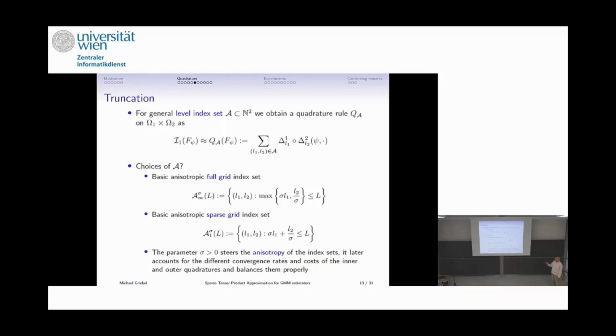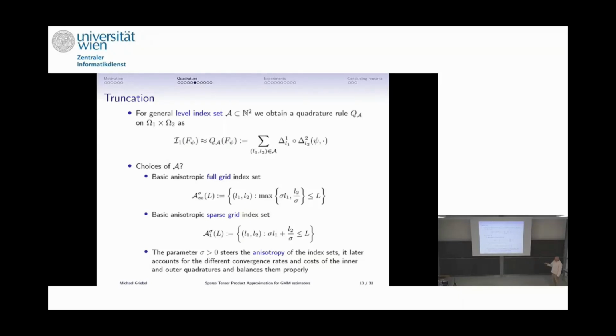But here, additionally, we have a strange parameter showing on this is theta, because we are after anisotropic full grids, not isotropic squared ones. And if the theta is 1, then this is the maximum of L1 and L2. And the sparse grid index sets is just L1 plus L2 instead of the maximum. So this is the maximum norm of the levels, and this is the L1 norm of the levels. And we know that this helps a lot. We see that later in the cost.